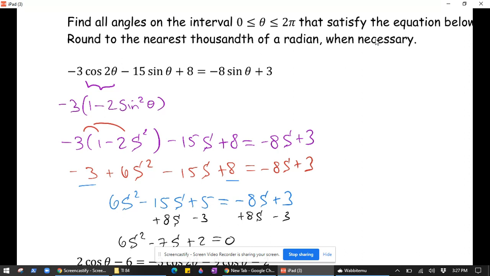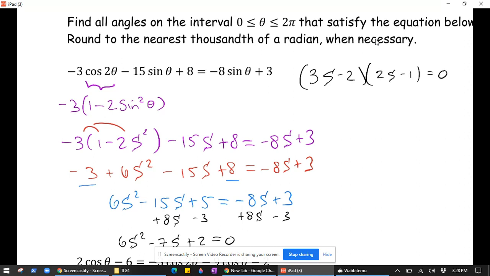So now we factor that. 6s squared minus 7s plus 2, with a little trial and error, you can see that factors to 3s minus 2 times 2s minus 1.